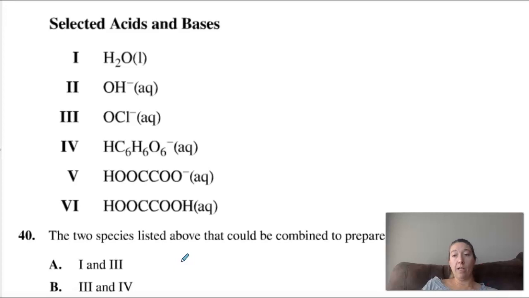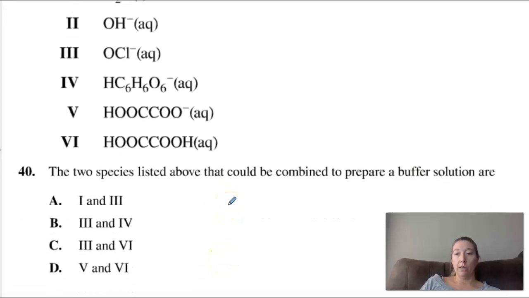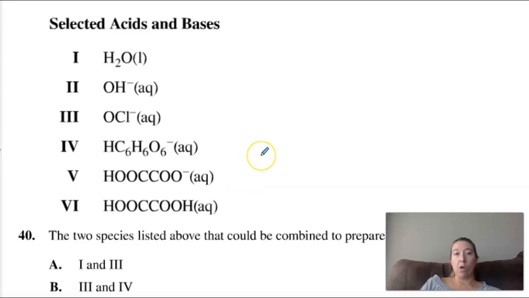Okay, so here's another one, slightly different version, but the same idea. So the two species listed above that could be combined to prepare a buffer solution are. So we need to find things that are conjugates, and we need to find things that are weak. So when we look here, water and hydroxide, they're conjugate, but they're not going to make a buffer. OCl minus, we don't have an HOCl, so that's not going to work.